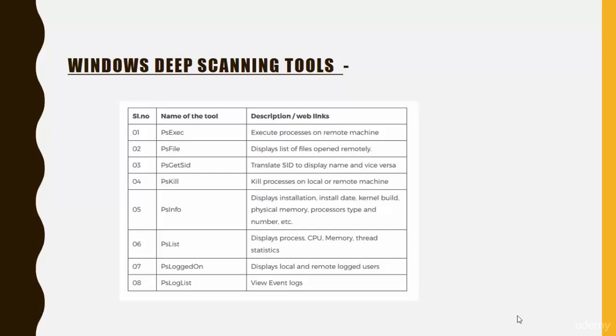PsExec, PsFile, PsGetSid, PsKill to kill processes, PsList to list processes, PsLoggedOn to display local and remote logged on users, PsLogList to view event logs. So these are some Windows deep scanning tools.